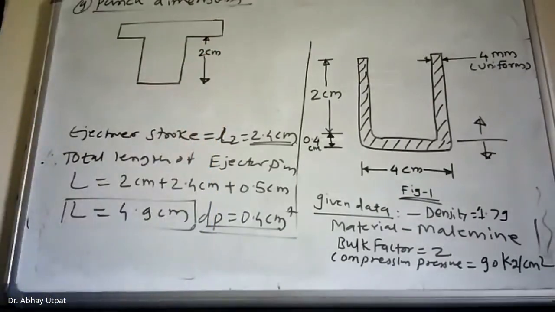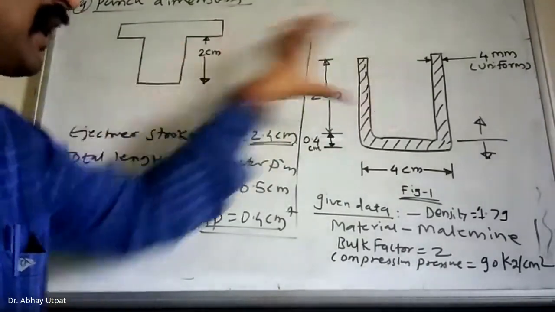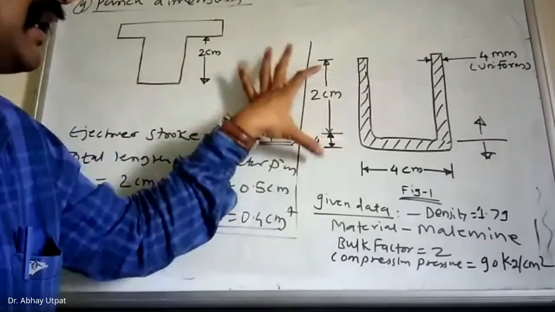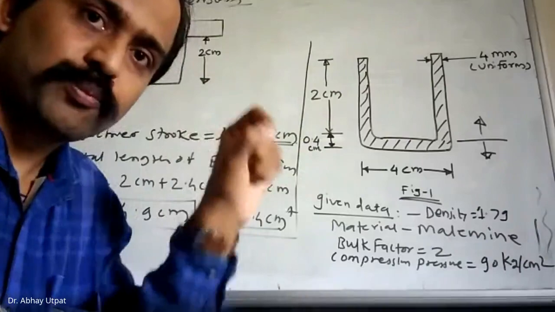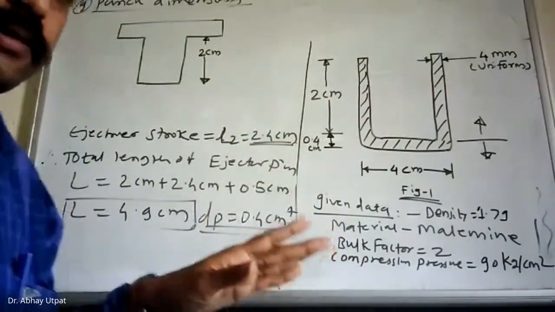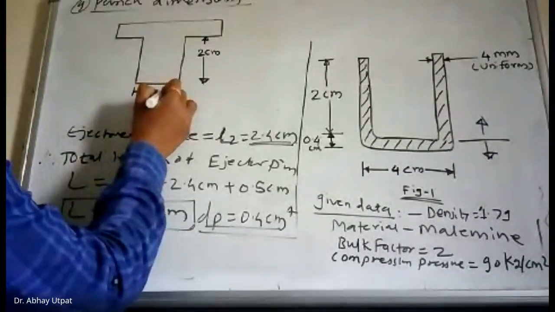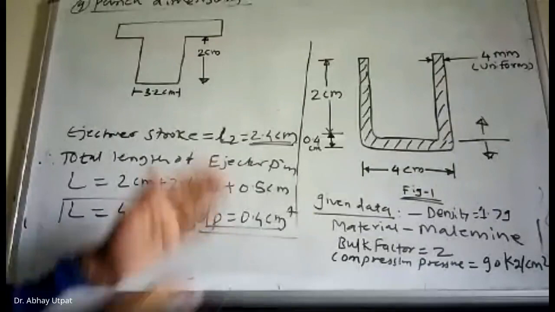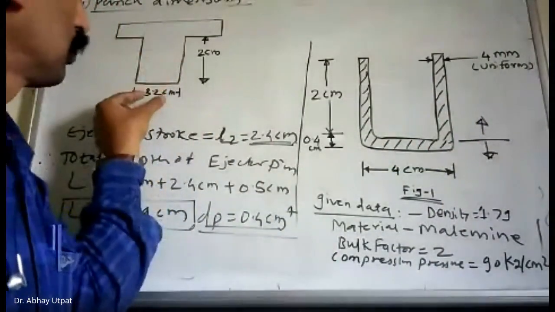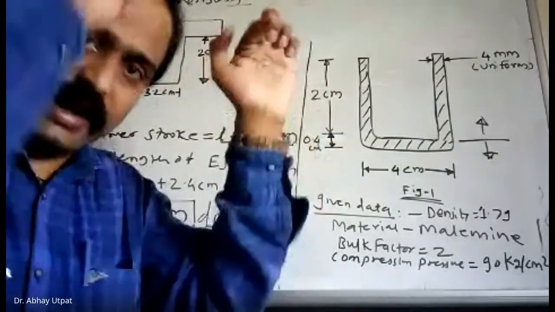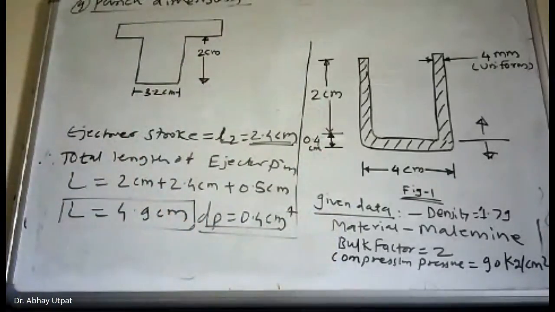Cavity depth is 2.4, punch depth is 2, and in between that 0.4 material will fill. Cavity diameter is 4 centimeter, and 3.2 will be diameter of punch, and in that gap of 4 millimeter material will flow. So these are punch dimensions.